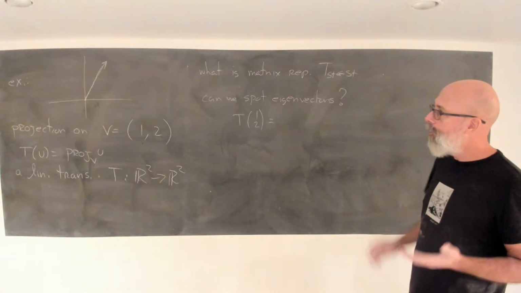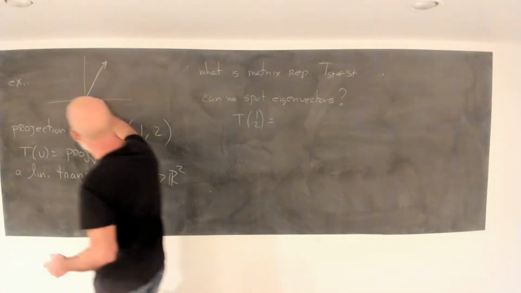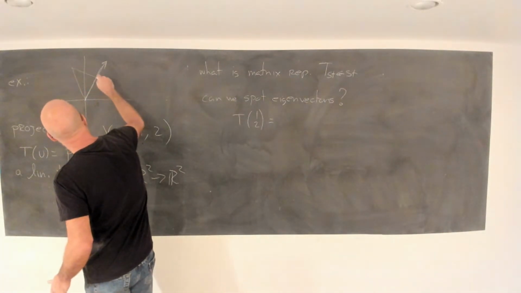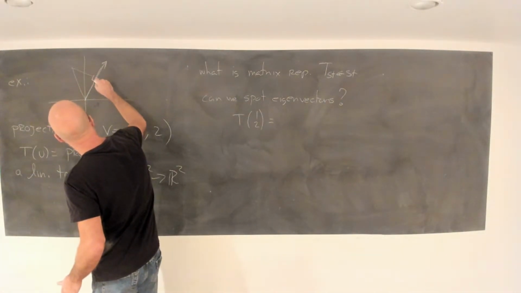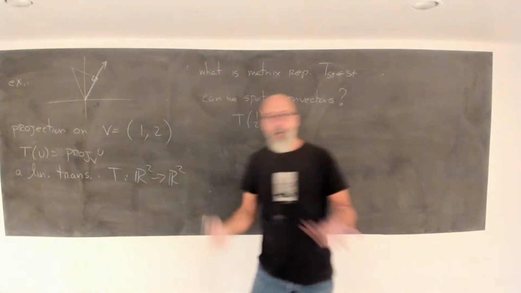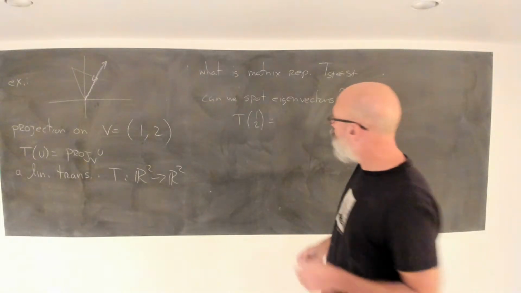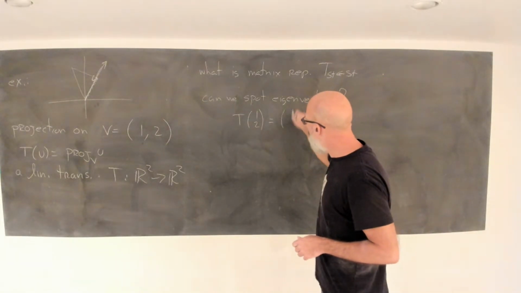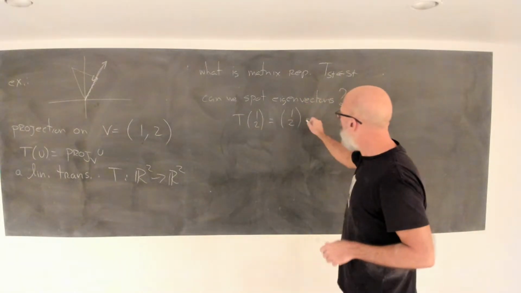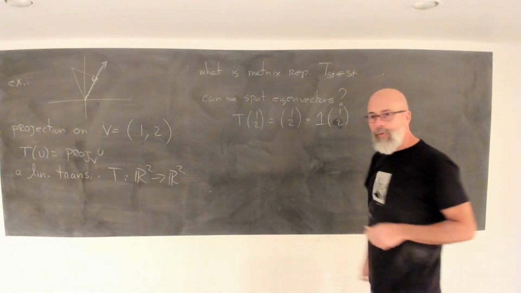Because if you take a vector u and you project, that's what you get. But if you take the vector 1, 2 and you project it onto itself, you get the vector 1, 2. So T of 1, 2 is 1, 2. In other words, it's 1 times 1, 2.